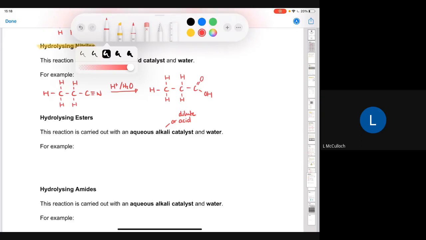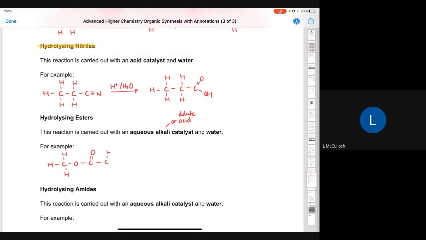If we take an ester, I'm going to try and keep this nice and short. I'm using methyl ethanoate as my ester in question. We need to add water because we need water for a hydrolysis reaction. The ester link will break, between the carbon and the oxygen single bond.